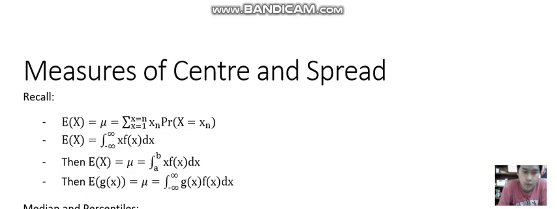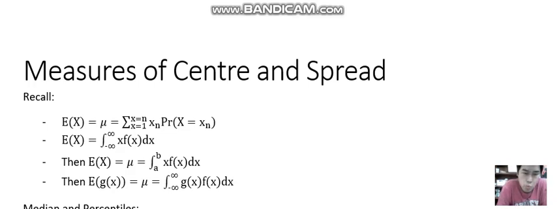If you recall, E of x, the expected value of x, or the mean, equals the summation of x1 to xn, whatever n is, with each number multiplied by the probability of getting that number. In some sense it's just adding up those rectangles that we were talking about in the previous videos.